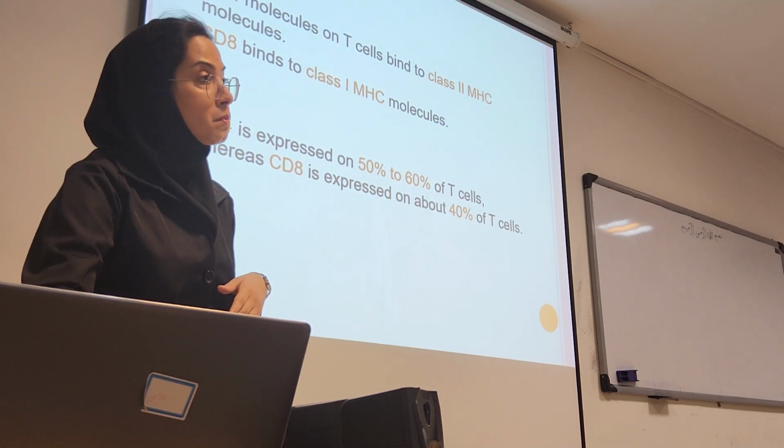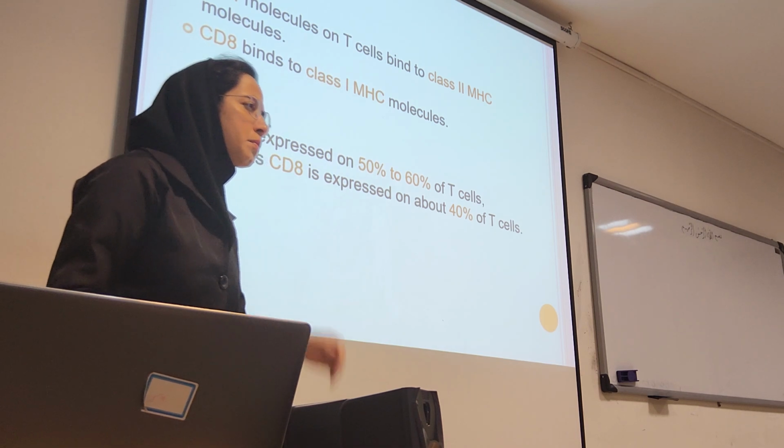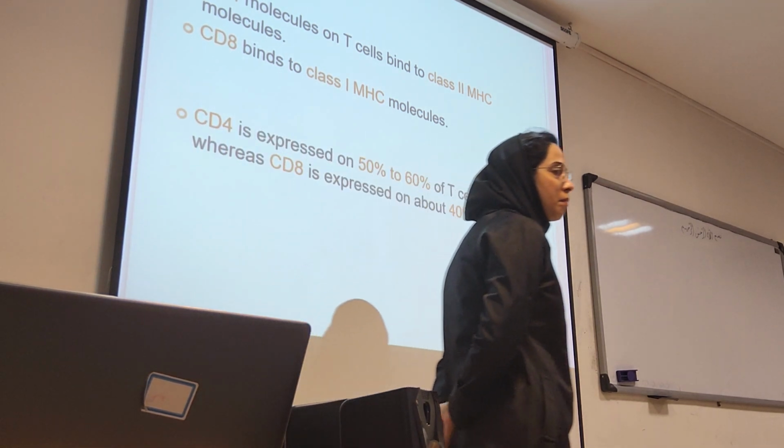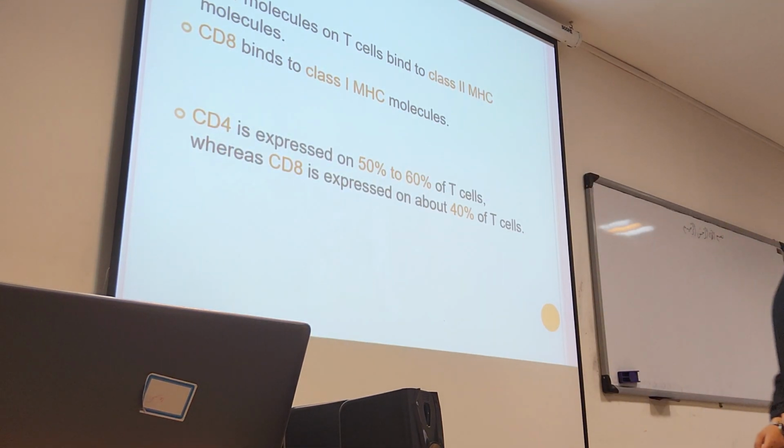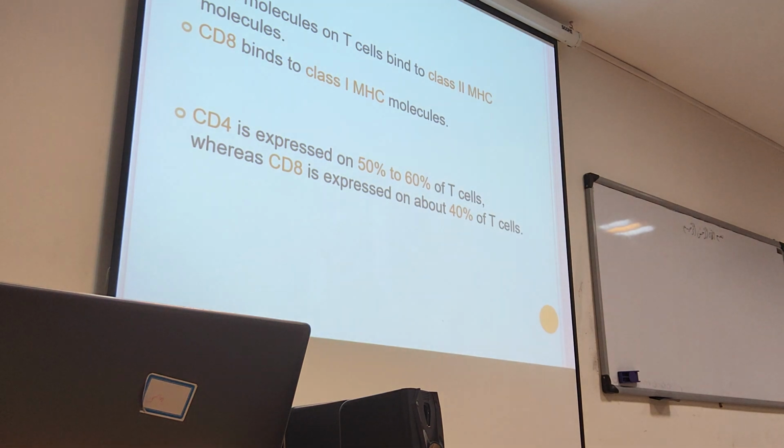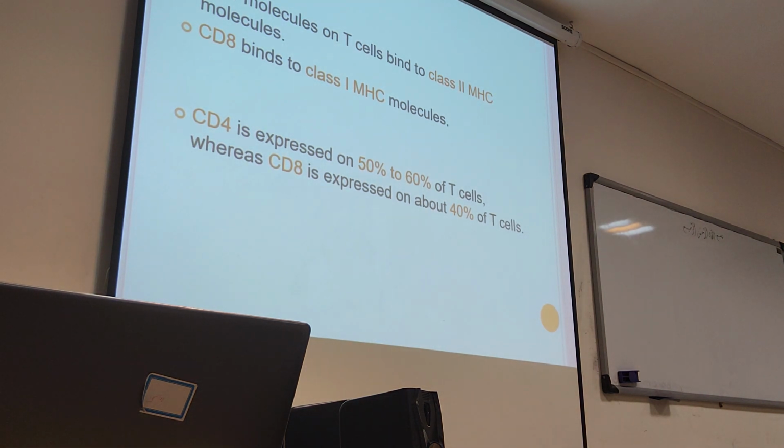Professor, if there is a mutation in CD4, like HIV, he won't be able to make inflammation at all, right? This part of the immune system is impaired.